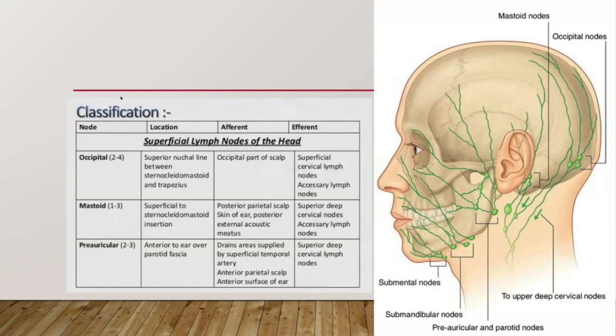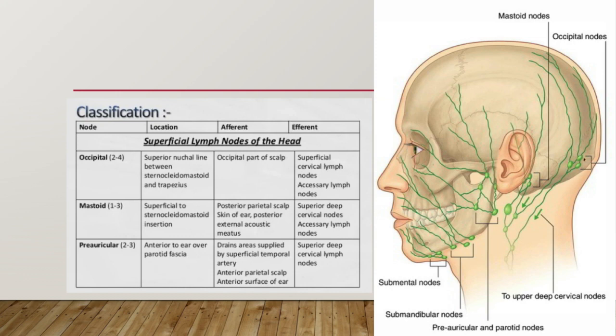So, coming to the classification of the lymph nodes, the superficial lymph nodes of the head include the occipital lymph nodes, the mastoid group of lymph nodes, and the preauricular group of lymph nodes. As you can see in this picture, the green lines are the regions where this particular group of lymph nodes drain.